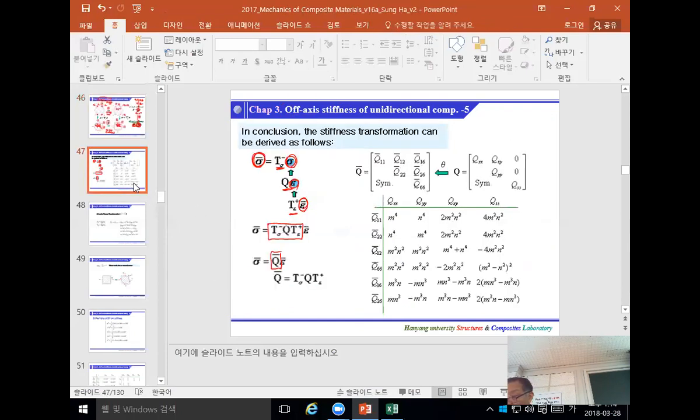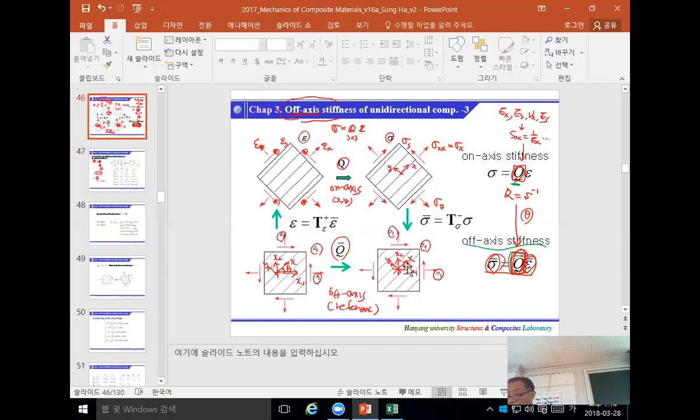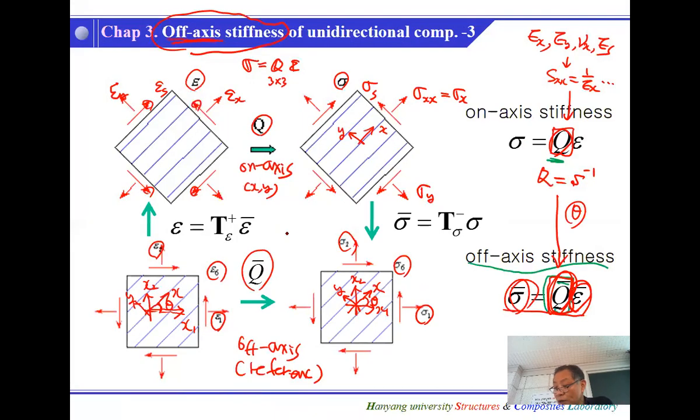So Q bar can be obtained from these steps, because now we do need some mathematical transformations, and from here to there, we go through this and that step to reach here. In other words, how do we calculate the Q bar?